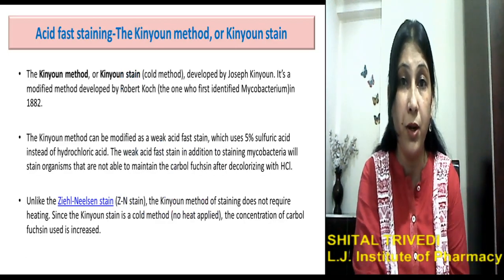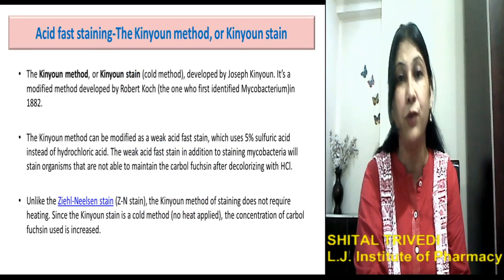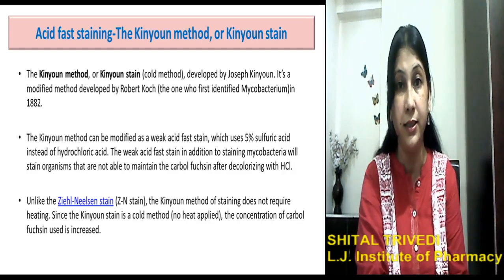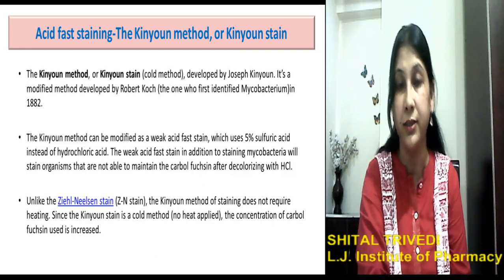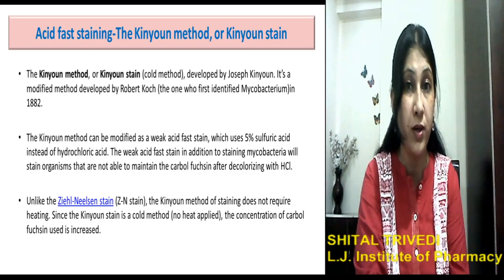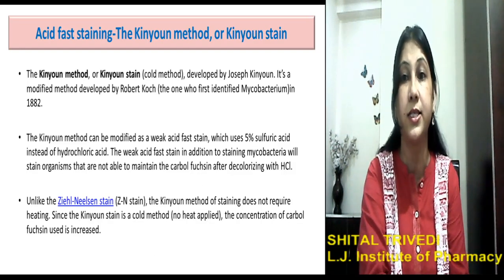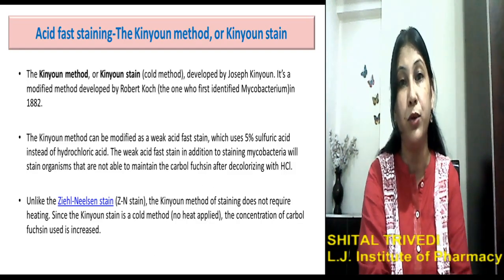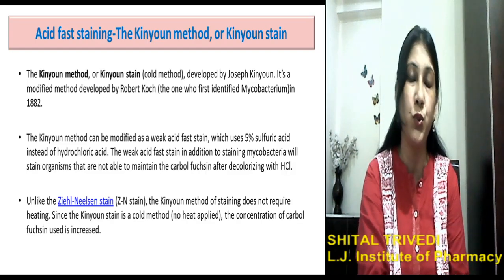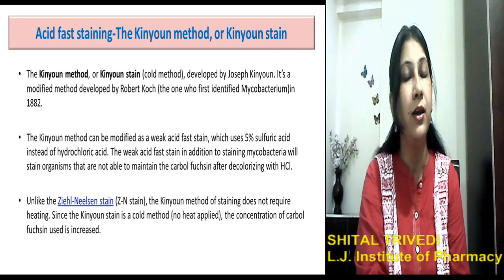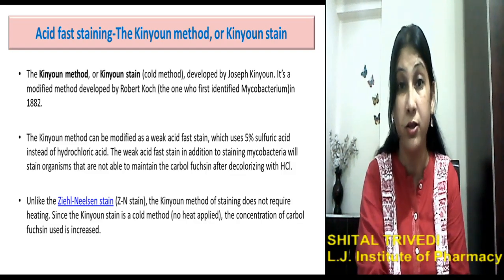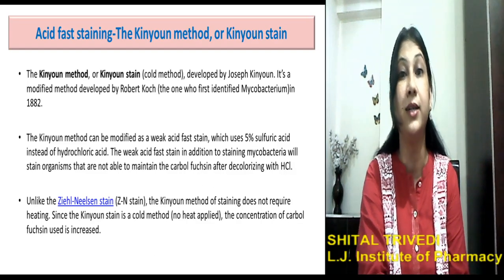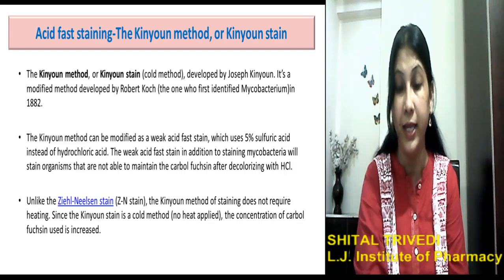So when we talk about the acid fast staining technique, we should also remember another technique, that is called the Kinyoun stain or Kinyoun method, that was first discovered by the scientist Joseph Kinyoun, and it is actually the modified method which was first developed by the very popular scientist Robert Koch, who is also the scientist to discover the Mycobacterium tuberculosis.